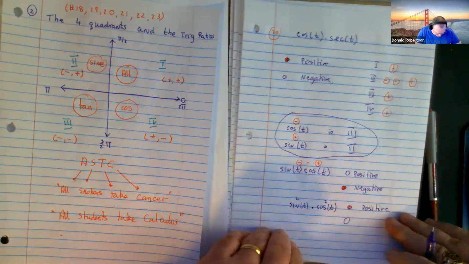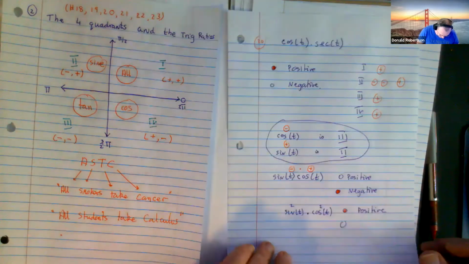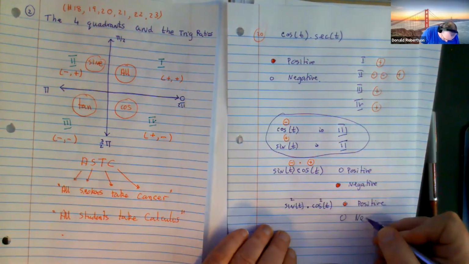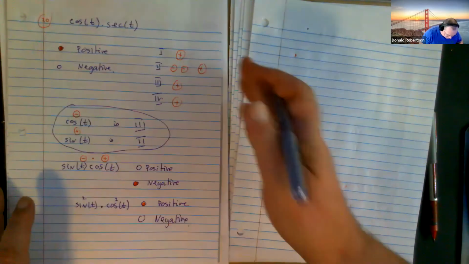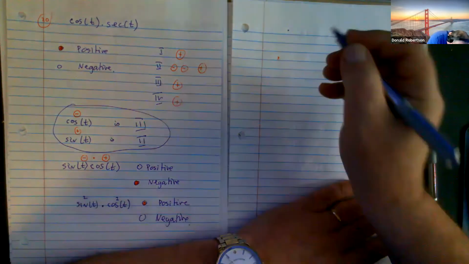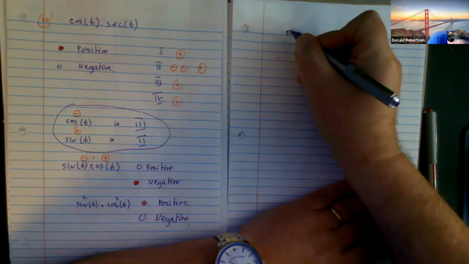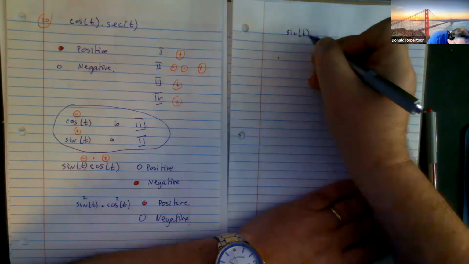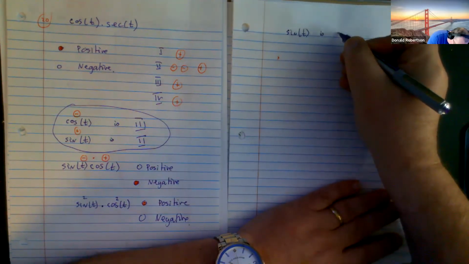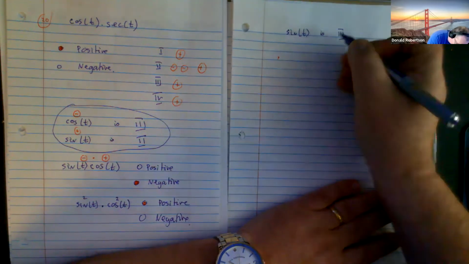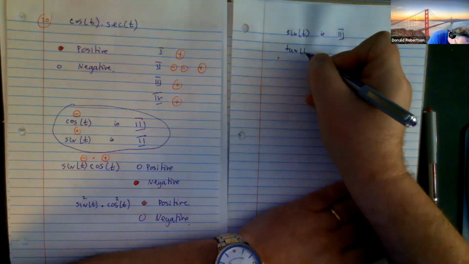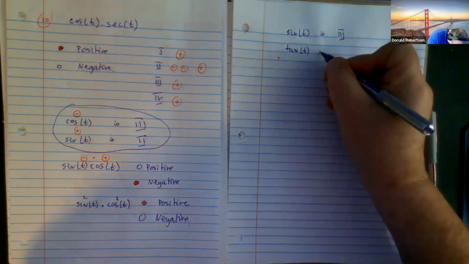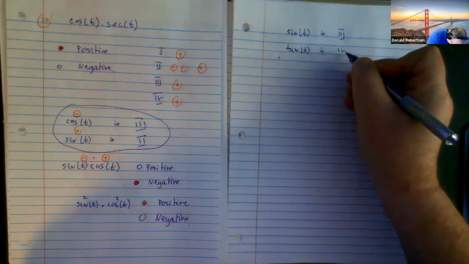Okay, let's try another one of these. So all we're being asked here is something positive or negative, right? Given some information to do it. So how about I tell you that the sine of t is in the third quadrant, and I tell you that the tangent of t is in the fourth quadrant.